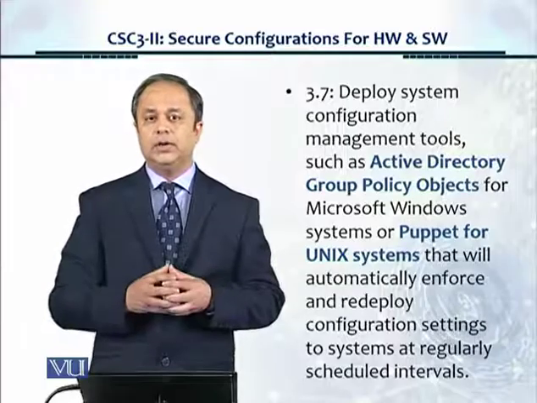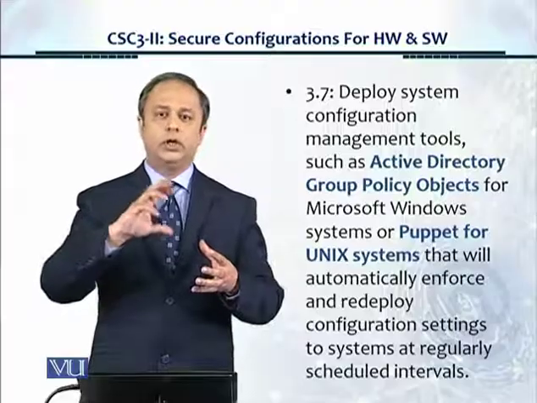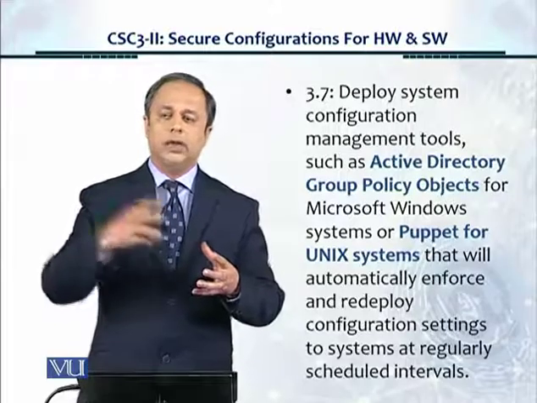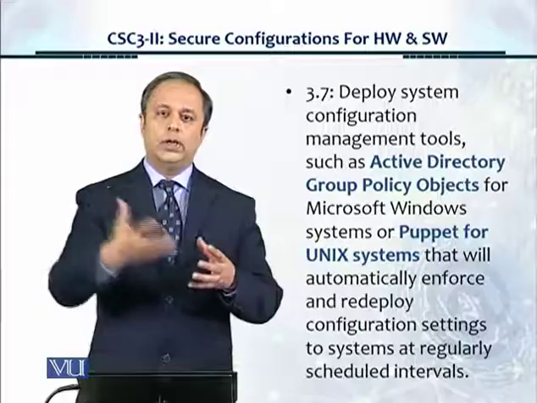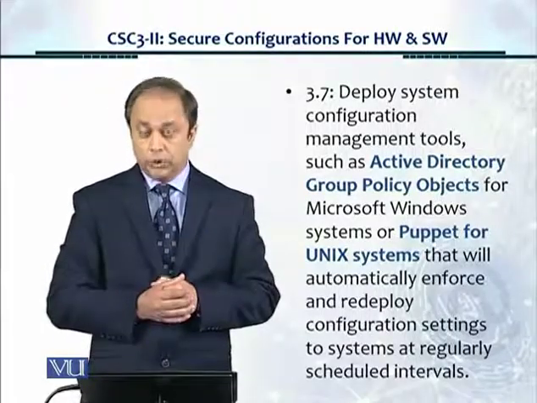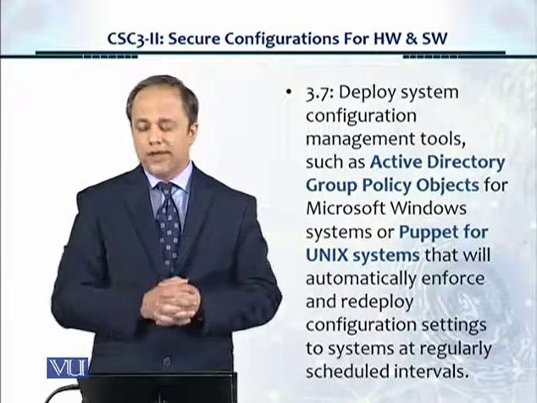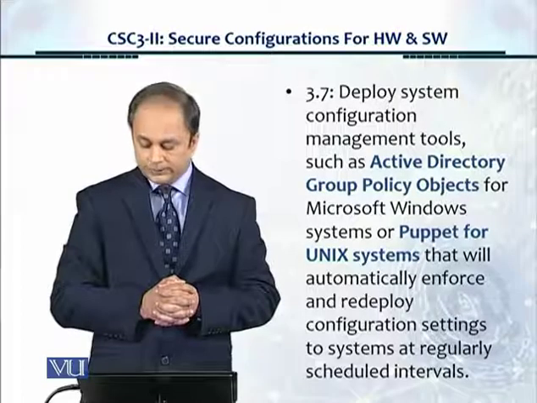The ease here is that under group policy objects, you can place a system under a new organizational unit, or OU, and whenever you add a machine to that OU, it'll adopt the configuration that you have set for the group policy object or the OU. And similarly, you can do this for Unix and Linux with the Puppet software.